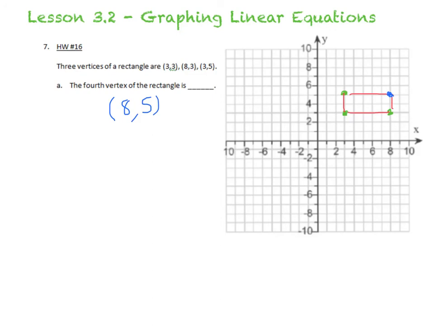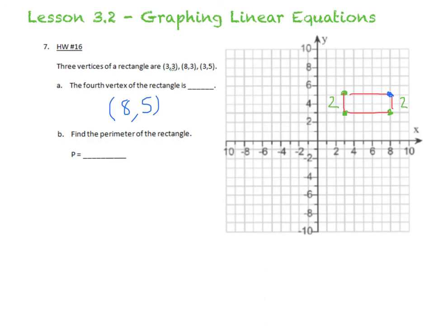Part B says find the perimeter of the rectangle. Perimeter is found by taking all of the lengths of the sides and adding them together. So here we go. This is 2 high. We can just count the blocks. That's 2. This side would be 2 because it's a rectangle.